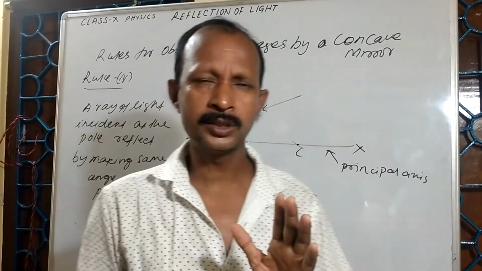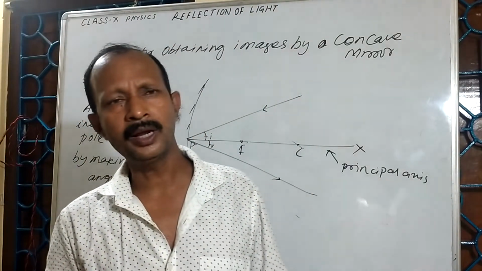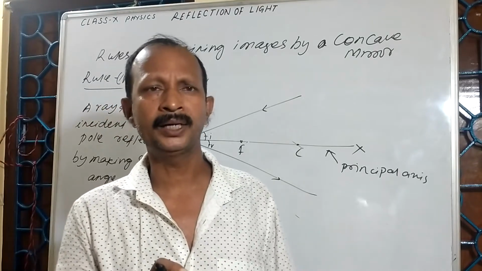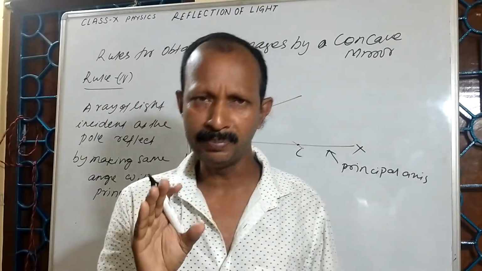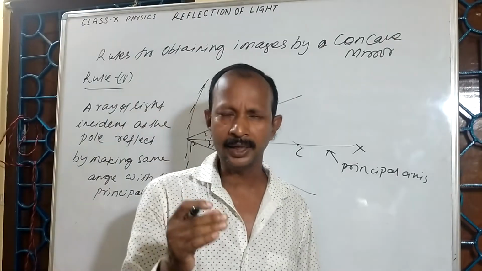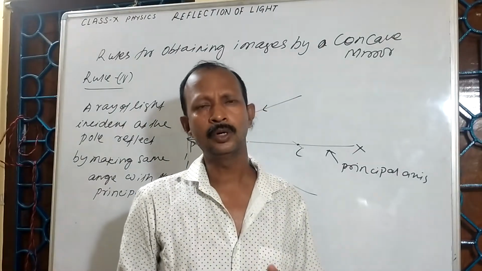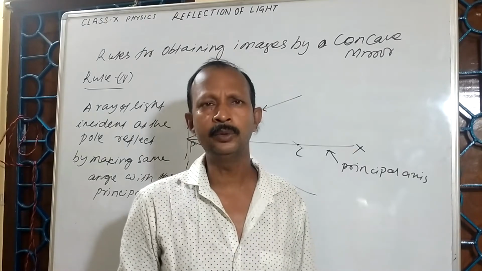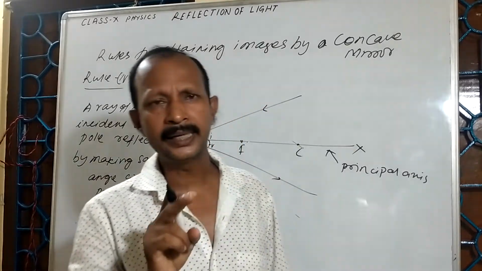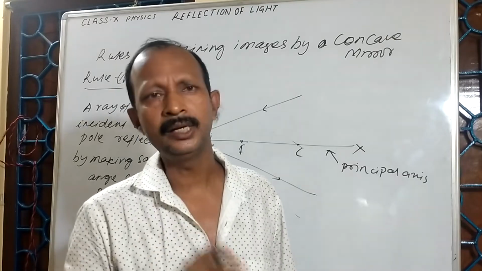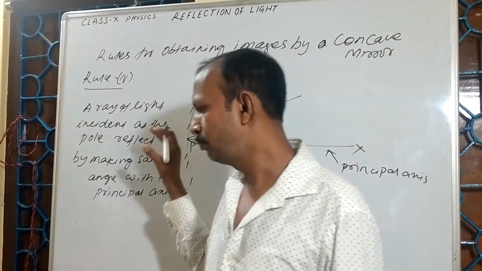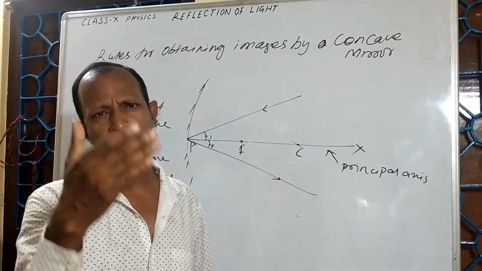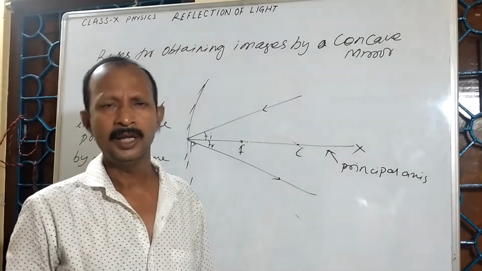These four rules I said will help to know the path of reflected light rays. From these four rules, if you take at least two rules, it will help you to draw the ray diagram easily. For that purpose, these four rules represent the behavior of light rays after reflection.